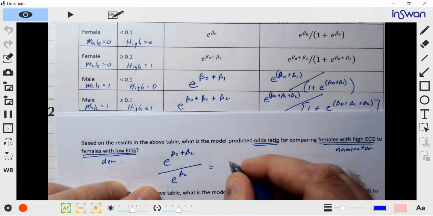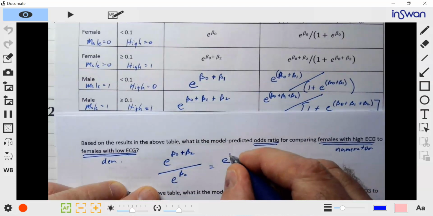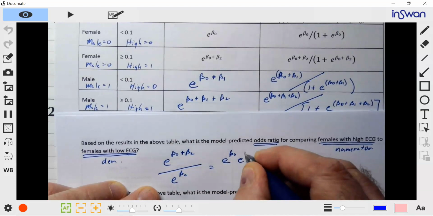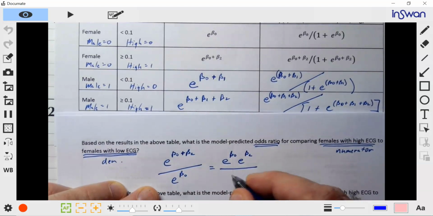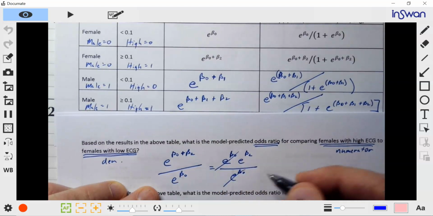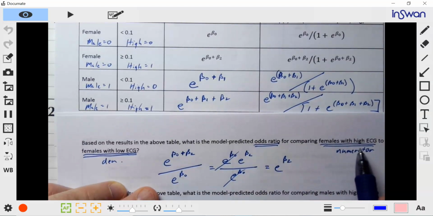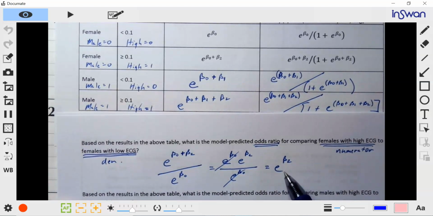You don't always have to write this out, but just to remind you of working with the exponents here, this is e to the beta 0 times e to the beta 2 divided by e to the beta 0. These terms cancel out. So the odds ratio for comparing females with high ECG to females with low ECG is just e to the beta 2. And just to remind you, beta 2 is the term that is attached to high. So that makes sense in this case.